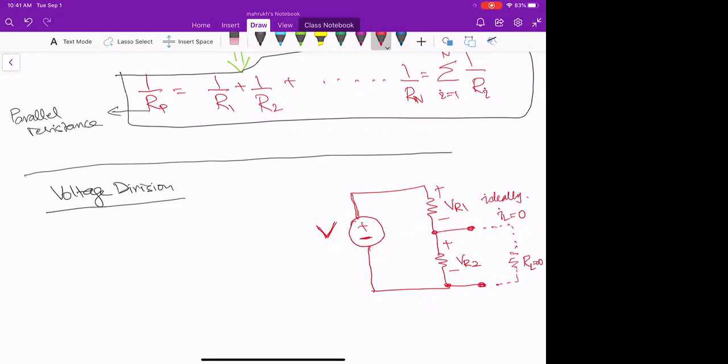So we are just trying to measure VR2. Applying KVL here, I will do this.